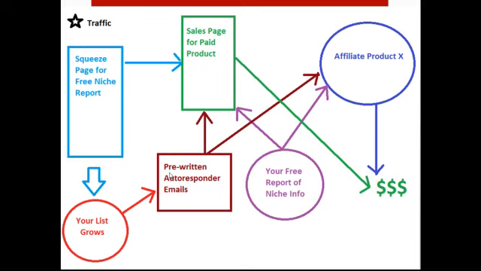And those autoresponder emails can then take them to a sales page that you've created for that paid product. That paid product is going to help them save maybe even more money, or pretty much become independent of electric bills altogether by generating their own electricity. I'm just throwing out ideas here, but there are many ways to monetize niches such as this.